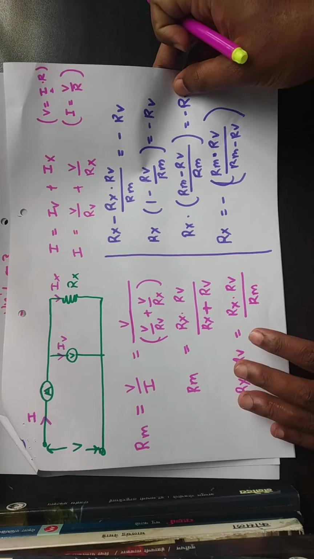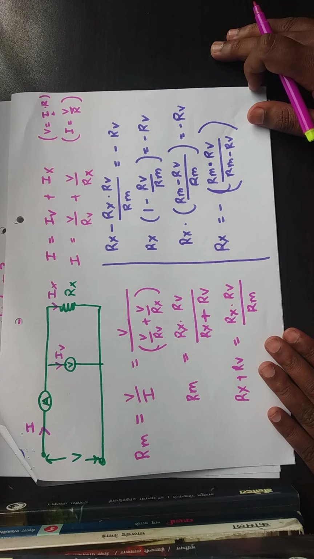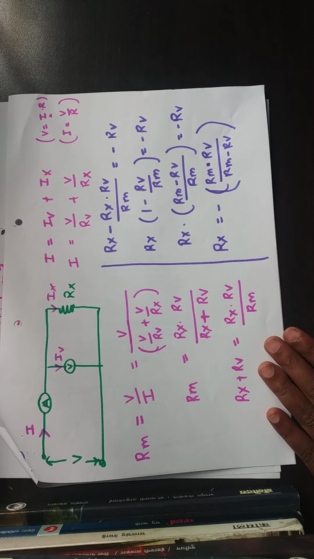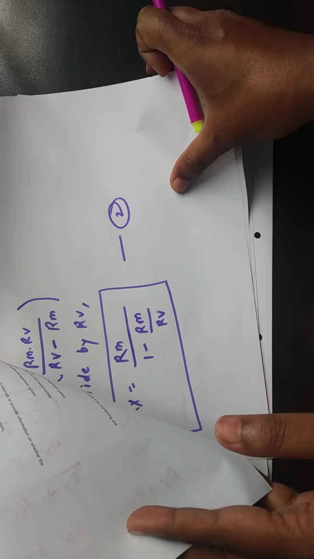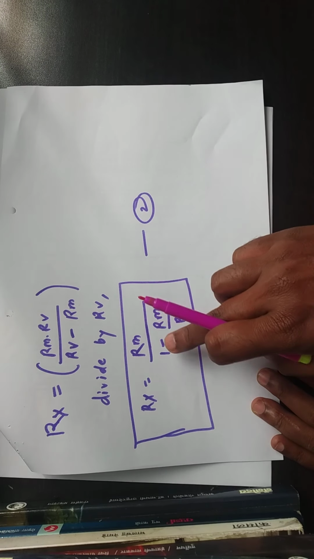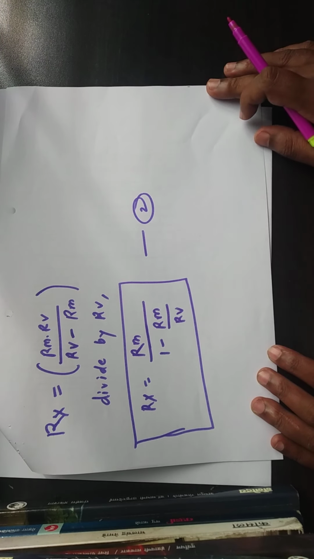Furthermore, we also discussed another circuit configuration, for which we derived one equation, and this is our end equation, where Rx is equal to Rm divided by 1 minus Rm upon Rv.